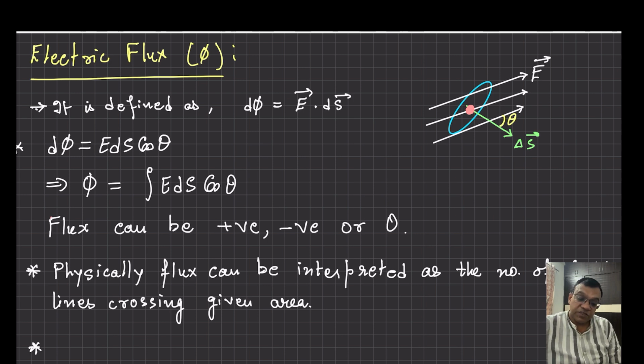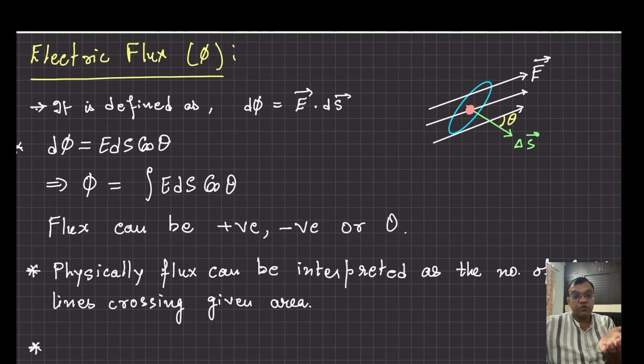Now, for example, see on the screen, this is one small surface element, I am taking ds vector. In this region, some electric field is present, and these are the electric lines of forces which are crossing like this. Then we define an area vector which is perpendicular to the surface.